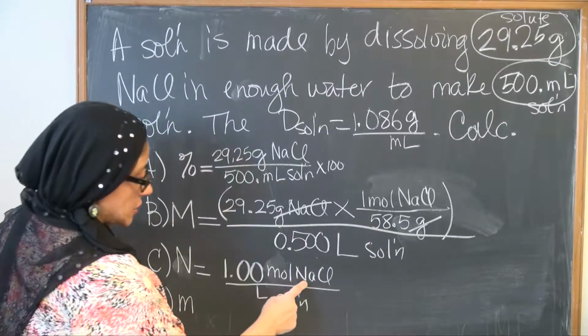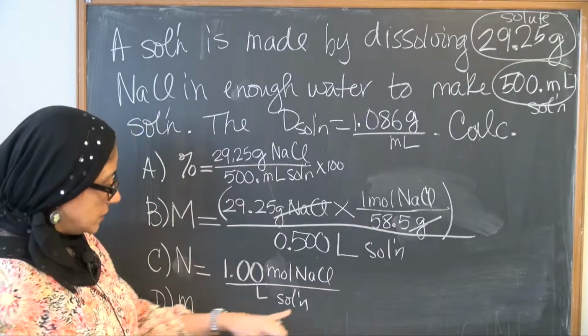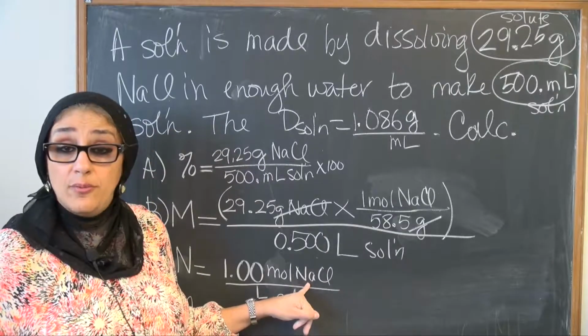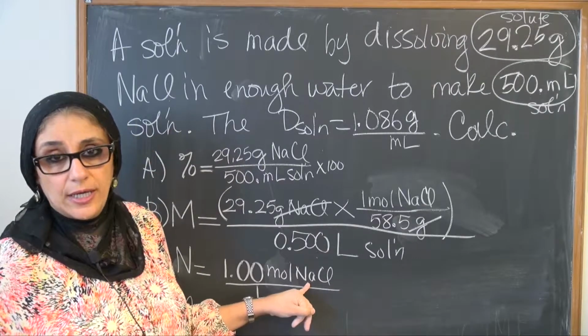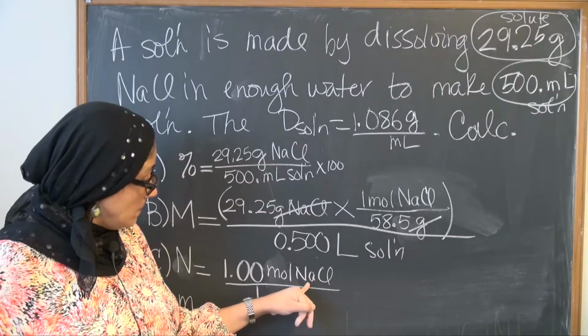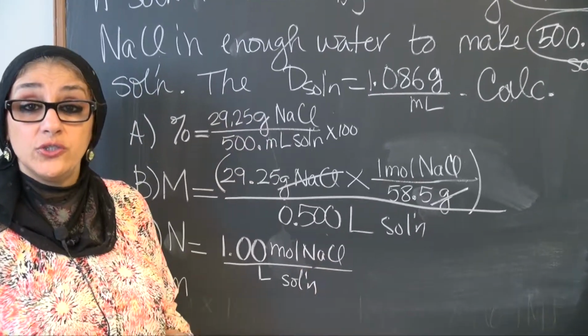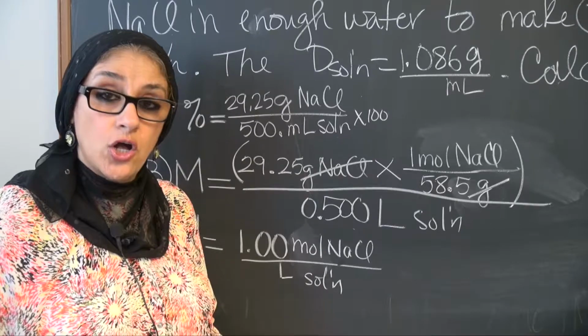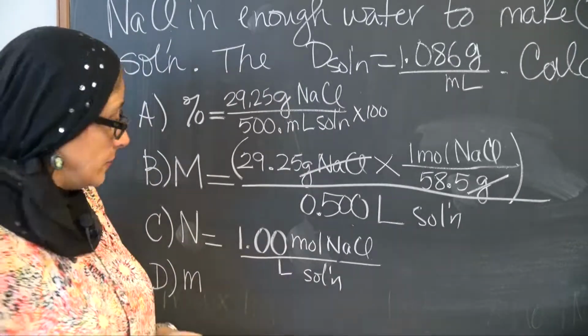So let's take a look at our substance, our solute. Well, this is not an acid. This is not a base. This is not a redox reaction. It's just a compound in solution. So we are going to determine the equivalence based on the charge on our cation.